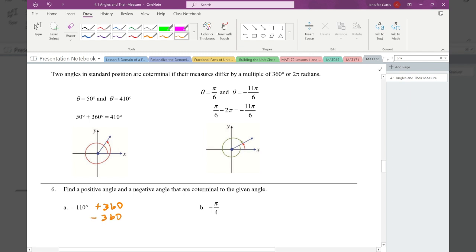So when you have 110 and you add 360, that gives us a positive coterminal angle of 470 degrees. And if you take 110 and subtract 360, that gives us a negative coterminal angle of negative 250 degrees.